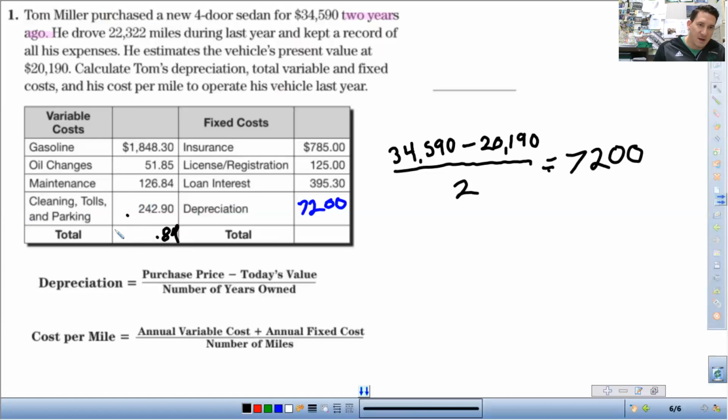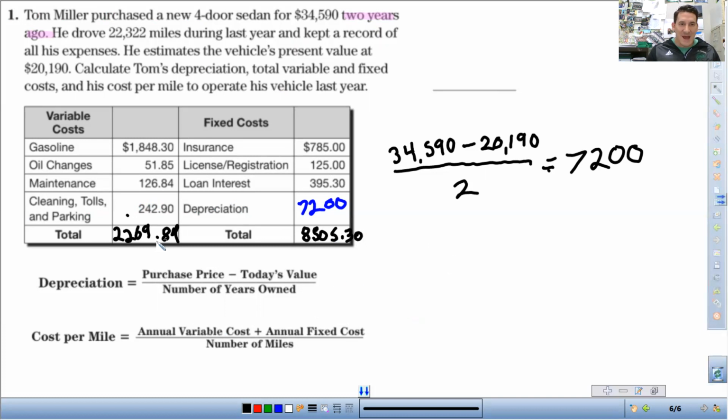Let me rewrite that. $2,269.89. Now add up the fixed costs: 785 plus 125 plus 395.30 plus 7,200 comes out to $8,505.30.